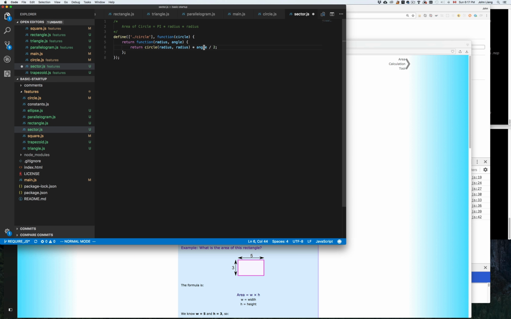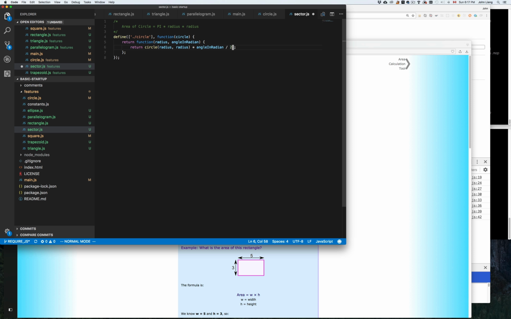So let's think about the formula right here. In effect, what we have is the area of the circle times the ratio. And what is the ratio? The ratio is the angle in radian, divided by 2 pi.